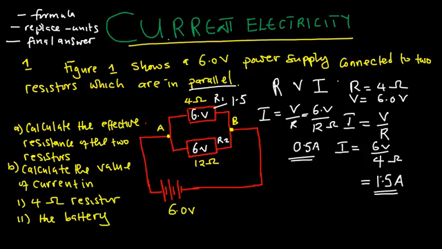So the greater the resistance, the less the current that flows through. And the smaller the resistance, the greater the current that flows through. This is very important. It is going to help you as you calculate and compare. If you happen to find big current where there is higher resistance compared to where it is small, just know that you have done something wrong.